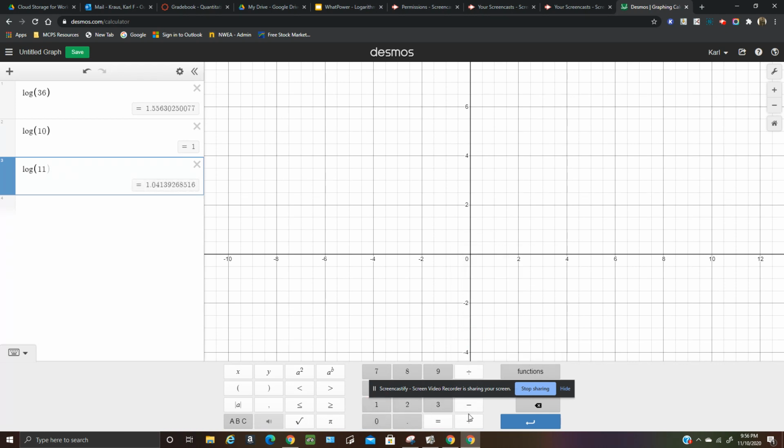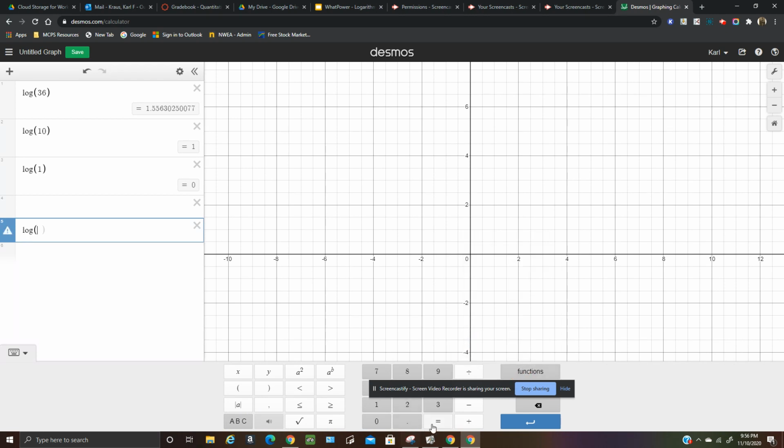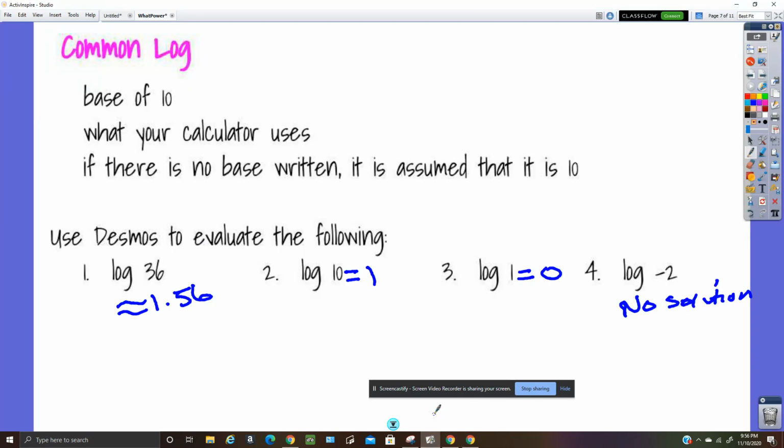No, I don't want 11, I want 1. So log of 1 is 0. And then if I tried to do log of -2, I'm going to get an error message there. Gives me undefined there. So I can write undefined right here.